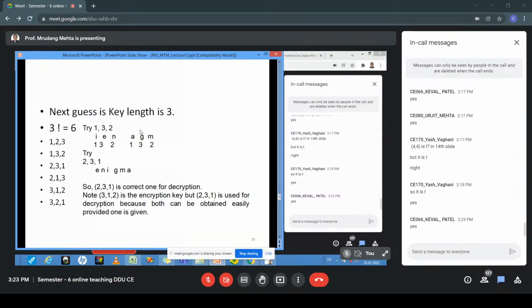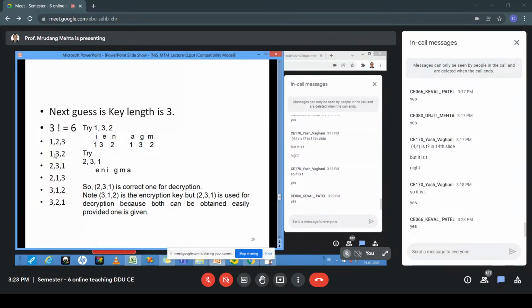So we guess the key length, that is 3. For 3 key length, we have 3 factorial possibilities, that is 6. These 6 possibilities are 1, 2, 3; 1, 3, 2; 2, 3, 1; 2, 1, 3; 3, 1, 2; 3, 2, 1. Okay. If we try 1, 2, 3, it is not possible because it is keeping the text as it is.